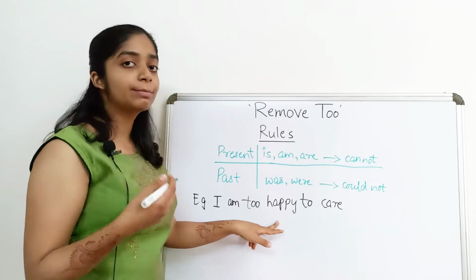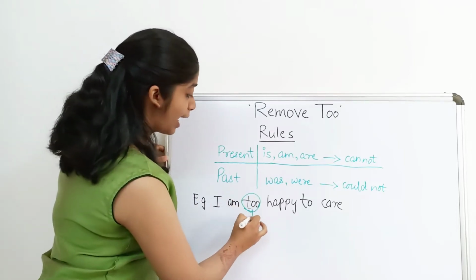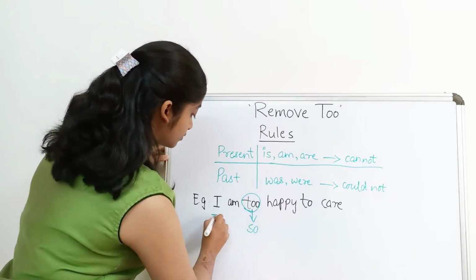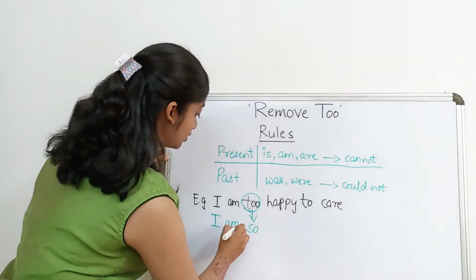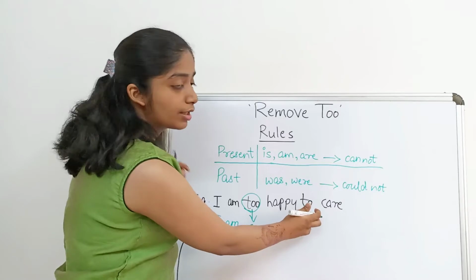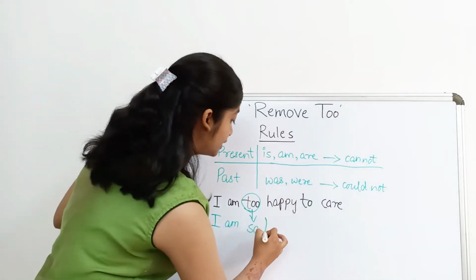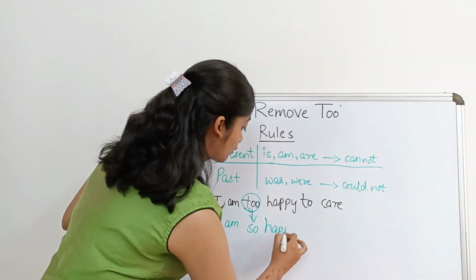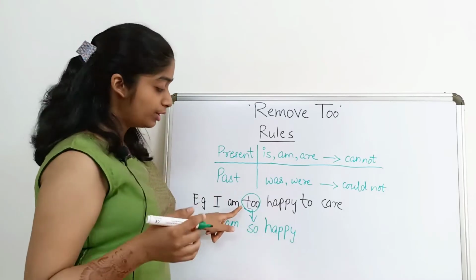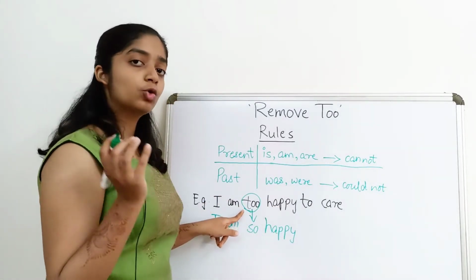I am too happy to care. Now, we have to remove this "to" and write "so" in its place. The rest of the sentence will be the same up till the other "to". I am so happy. The sentence stays the same, only the word "so" is added in the place of "too".